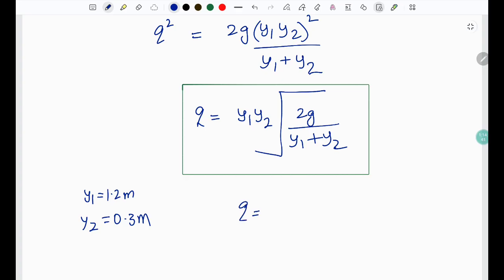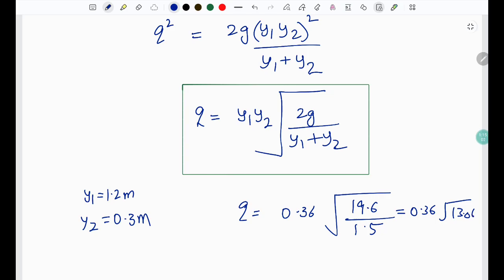I can write 1.2 times 0.3, that becomes 0.36 for Y1 Y2. Root 2G is approximately 4.43, so this is approximately 19.6 over, adding these both, 1.5. 19.6 divided by 1.5 gives 13.06.